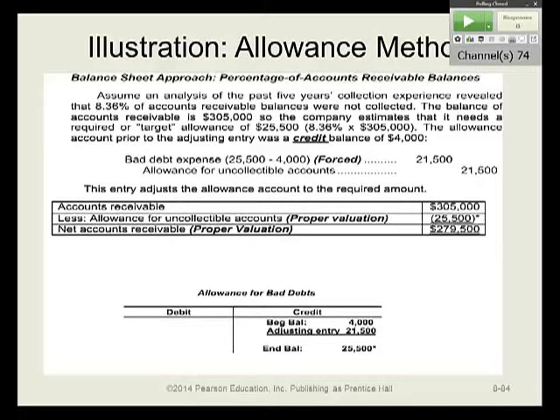It was 305 minus 25.5. How much is that? What was the net realizable value? It was 279.5. So that's an important point, that a write-off does not change the net realizable value. A write-off under the allowance method does not change the net realizable value.